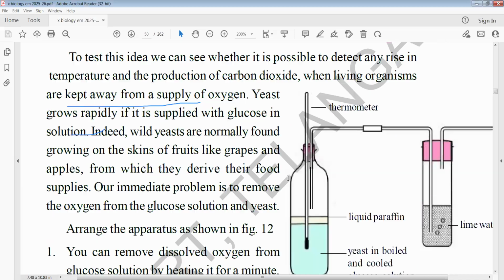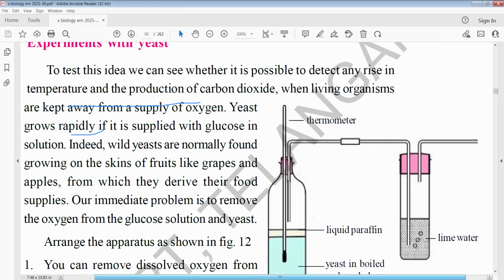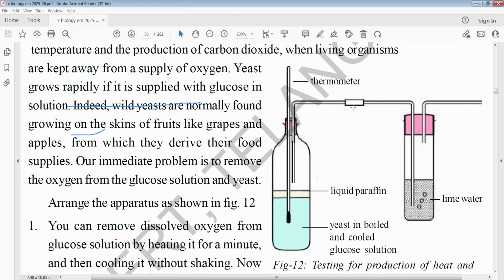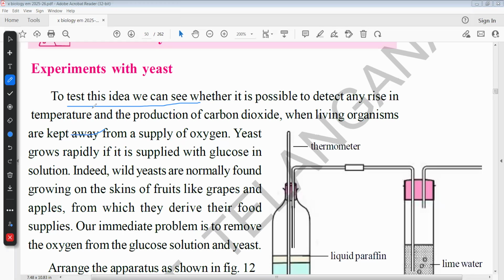So this is the experiment with yeast. This experiment is the most important here, to prove the anaerobic respiration.